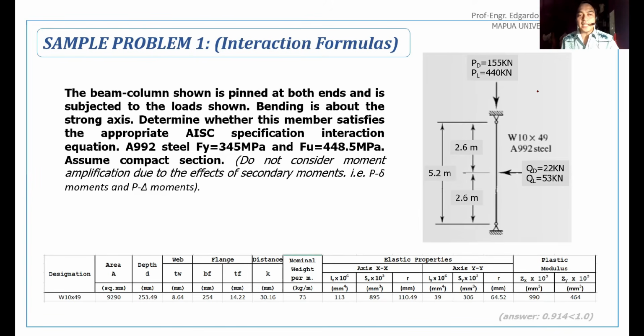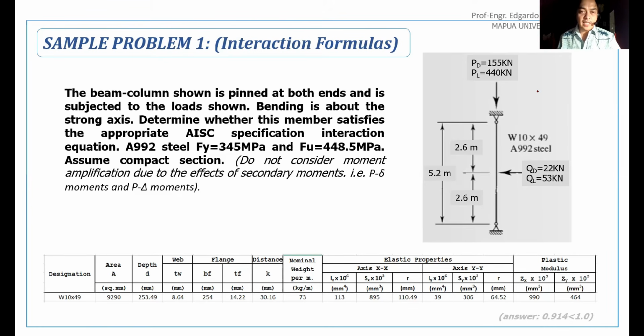It is also stated in the problem that we assume compact section. Therefore, we don't need to check the compactness of the given section. So we are asked to determine whether this member satisfies the appropriate AISC specification interaction equation, meaning is it really safe? So we have to check it against the interaction equations that we had earlier.